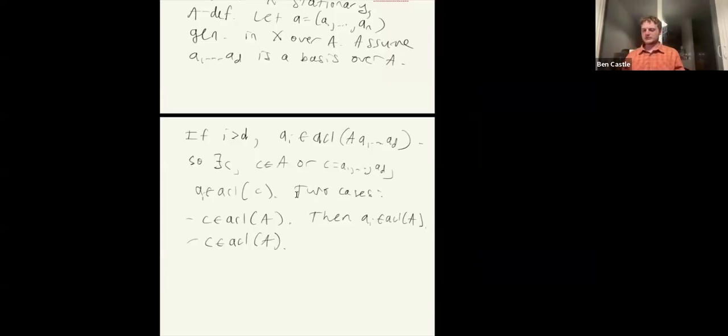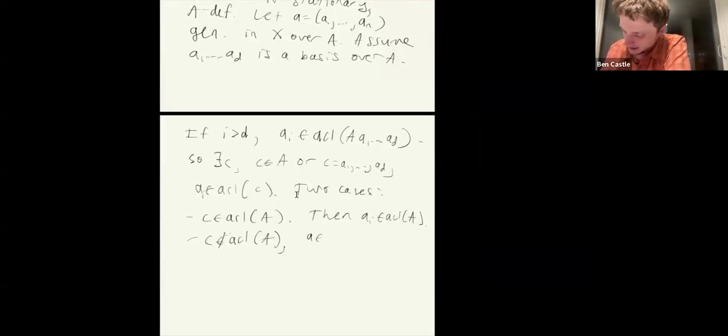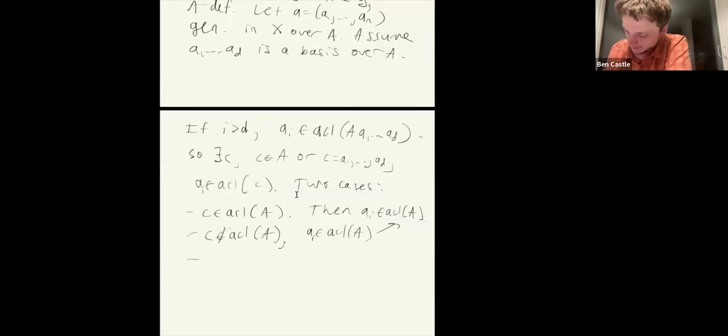Well, we can work with this. We can just keep going. So suppose C is not algebraic over A. Well, then we look at the point AI. So maybe we have three cases. So AI in ACL of A. Well, then same as the previous. We say we know what to do if AI is in ACL of A, which I'll say that we do in a second.